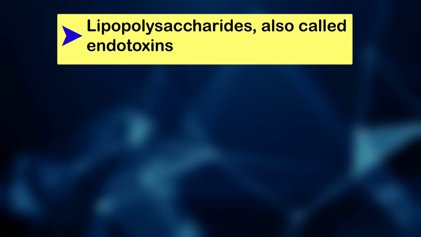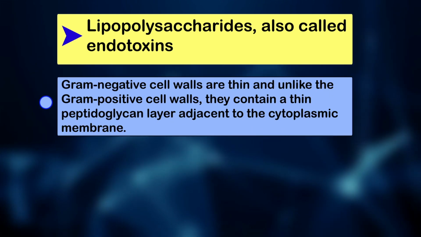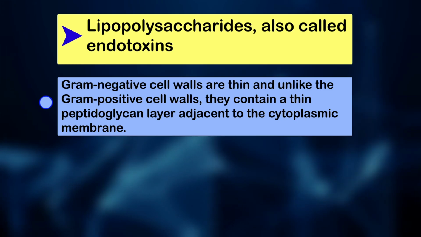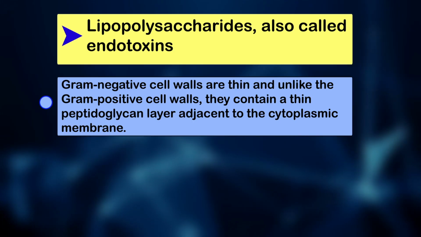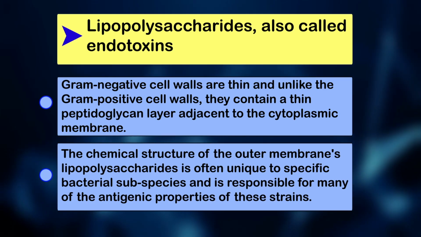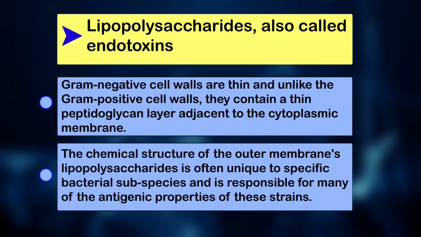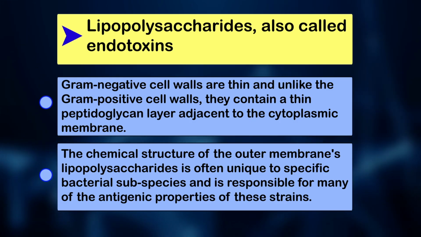Lipopolysaccharides are also called endotoxin. Gram negative cell walls are thin and, unlike the Gram positive cell wall, they contain a thin peptidoglycan layer adjacent to the cytoplasmic membrane. The chemical structure of the outer membrane lipopolysaccharides is often unique to specific bacterial subspecies and is responsible for many of the antigenic properties of this strain.